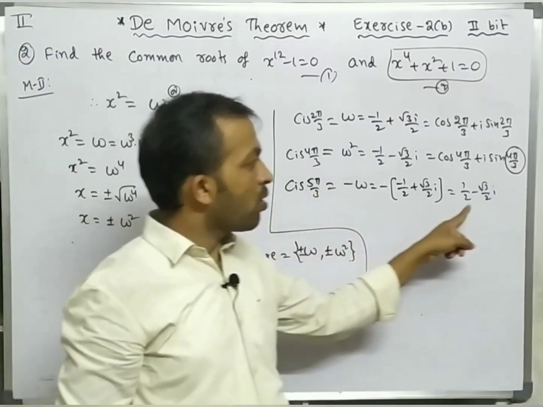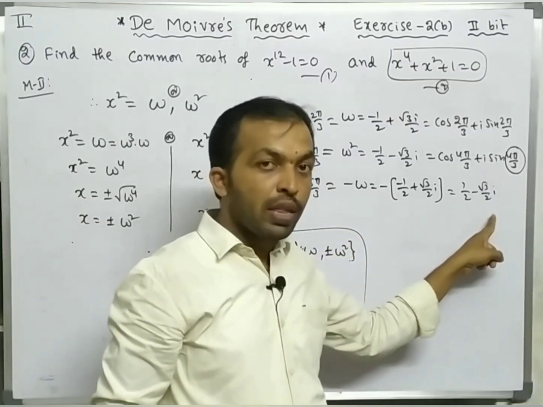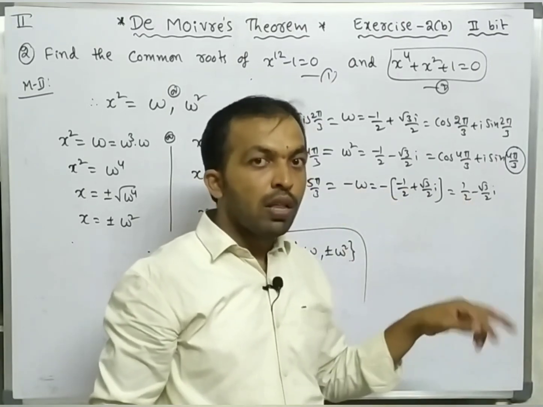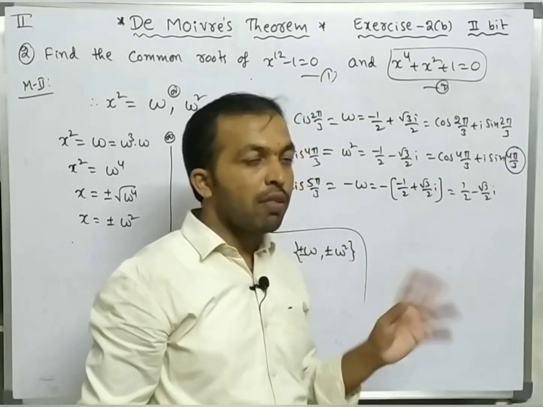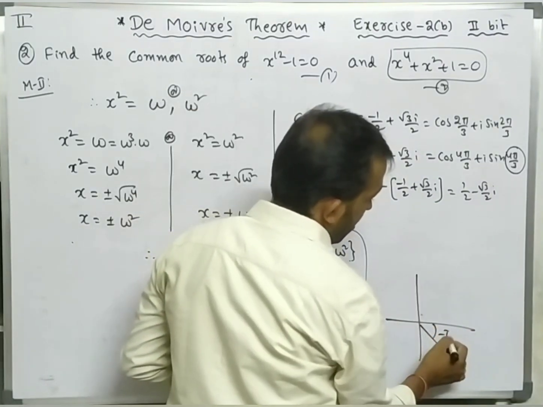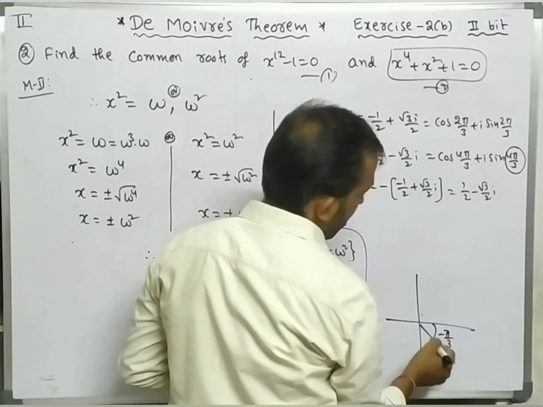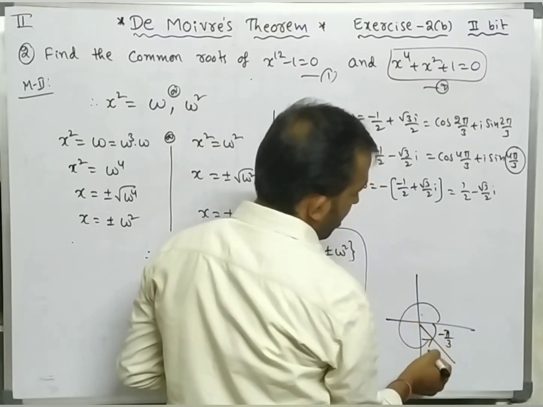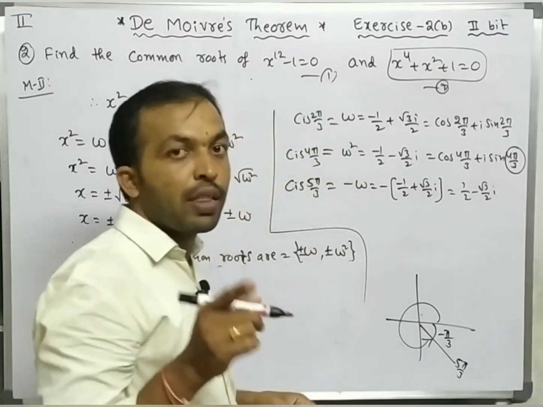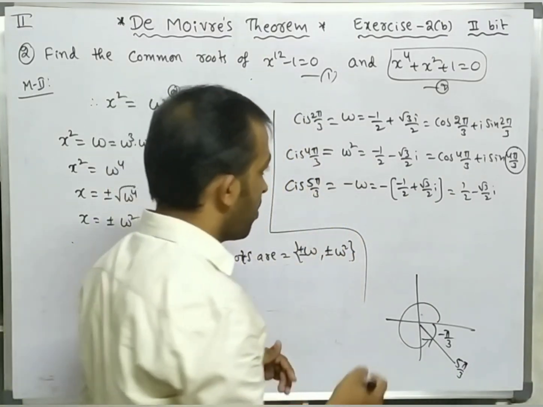Okay, find the argument. Modulus is 1, argument is 5 pi by 3, or minus pi by 3 actually. So that coterminal angle is 5 pi by 3, already explained. So we will get minus pi by 3, that is 60 degrees. So from this side the angle is equal to 5 pi by 3. We can indicate it as cis minus pi by 3 or cis 5 pi by 3.